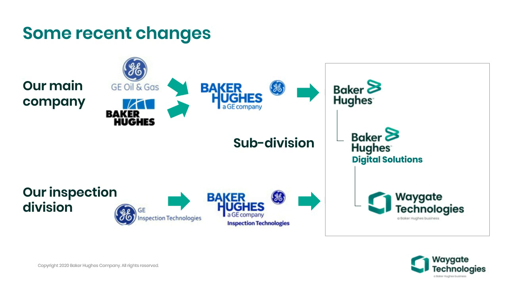With the recent changes of Baker Hughes becoming independent and the subdivision Digital Solutions, we decided to also change our names from Inspection Technologies now to Waygate Technologies. This means you will see on our products and our offerings the new name called Waygate Technologies, a division from Digital Solutions, part of the large Baker Hughes company.